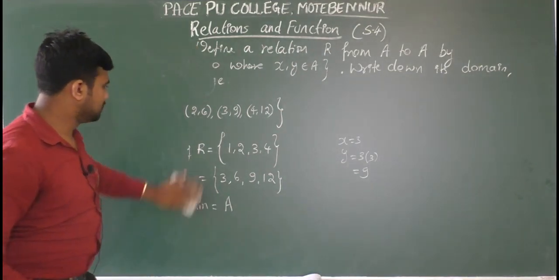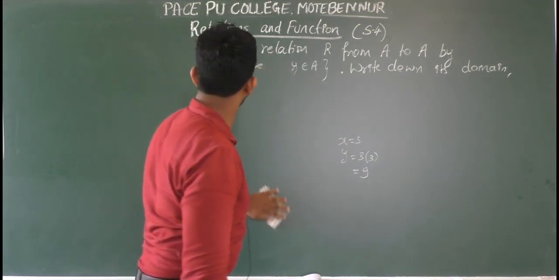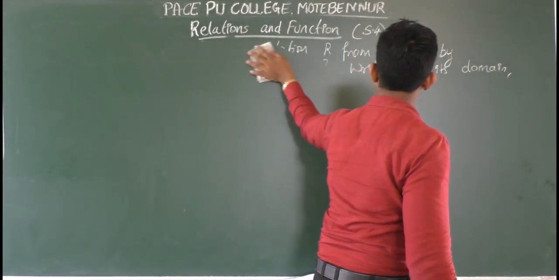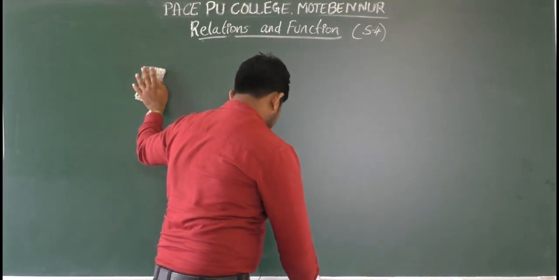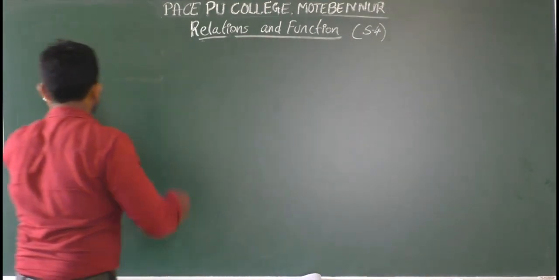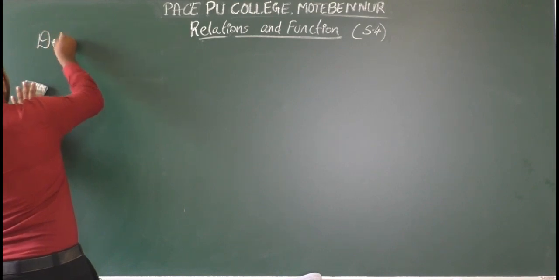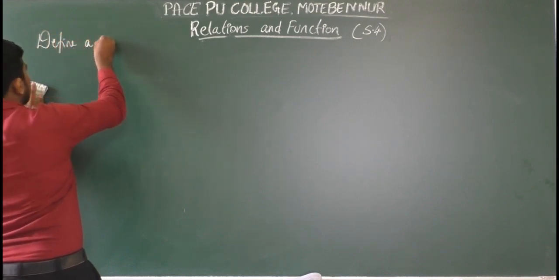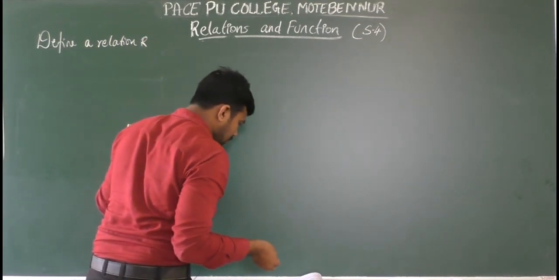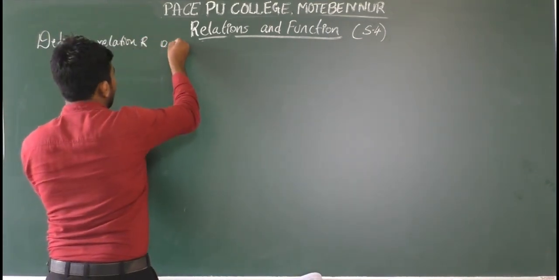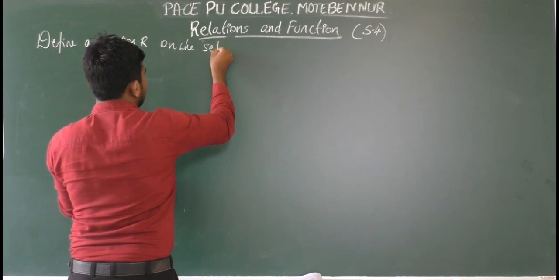Now see what is the next question we have. Define a relation R on the set N. N means what?